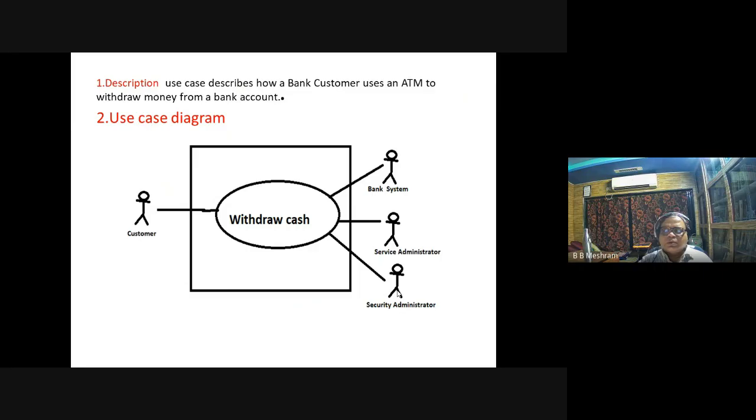Now we will understand the flow of information about the use case withdraw cash. So the customer is associated with the transaction withdraw cash, and this use case is supported by the bank system or service administrator and security administrator.